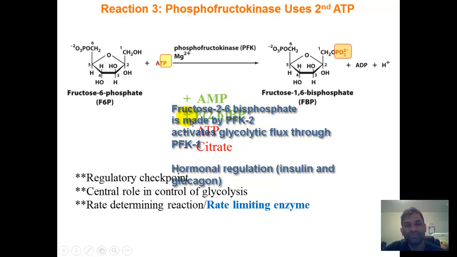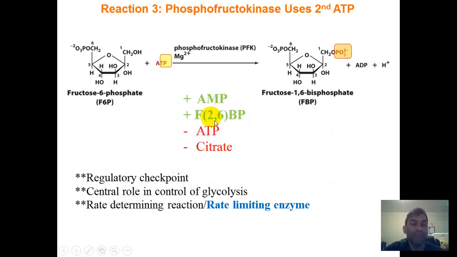But fructose 2,6-bisphosphate is actually made by PFK2. Okay, so PFK1 does this reaction, glycolysis. PFK2 is involved in making the activator for PFK1. So that's fructose 2,6-bisphosphate. And for the biochemistry 1 students, we will not talk about that, but we definitely will talk about it in my next lectures for the advanced students.